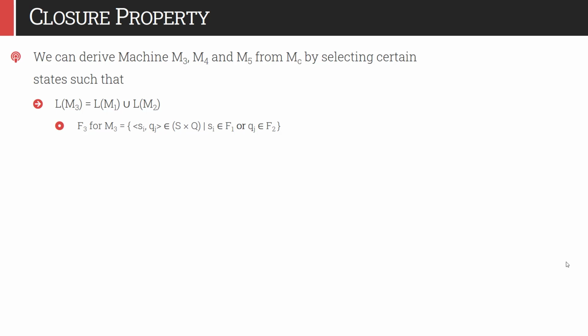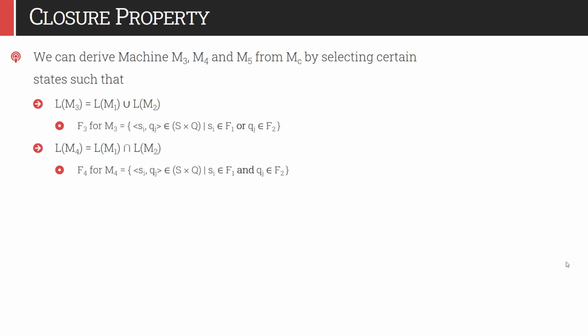So if one of the states in the combined machine is a final state of the original machine, then we have to consider it as a final state in the combined machine. So that combined machine will become the equivalent representation for the union operation. If we do this kind of setting, then the combined machine will act as a union of M1 and M2.